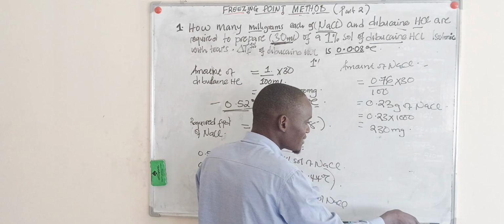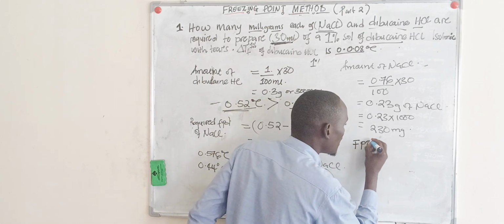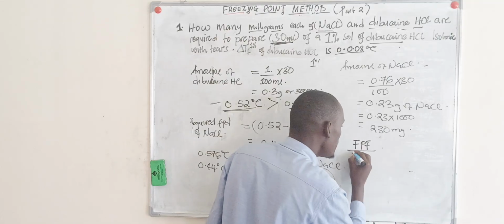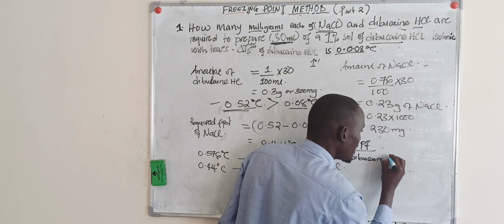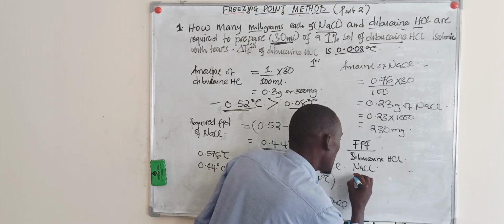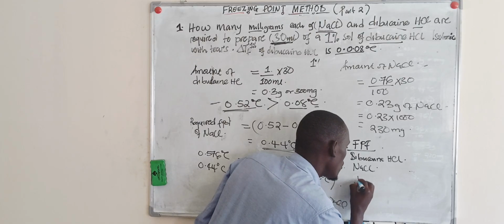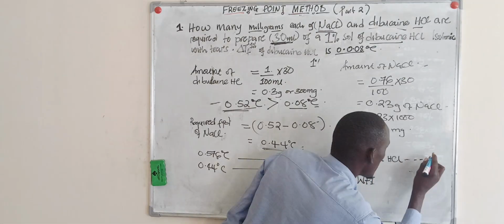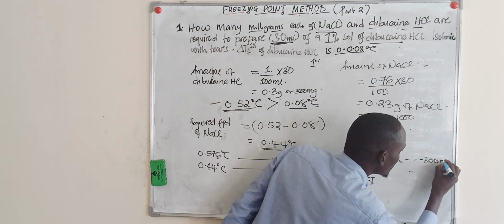So that means that our final product formula, the working formula, will now be: we shall have dibutyl hydrochloride, we shall have the sodium chloride, and we shall also have the distilled water or water for injection. So we have got this already as 300 milligrams.